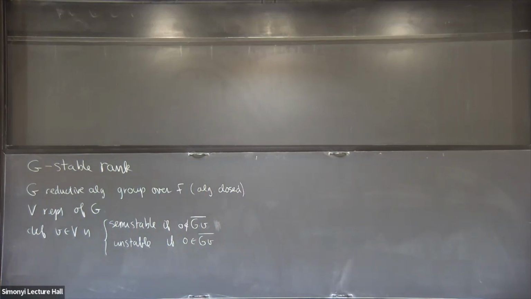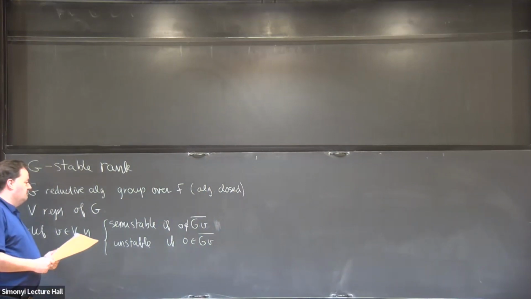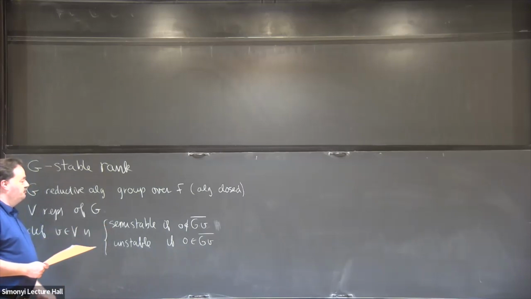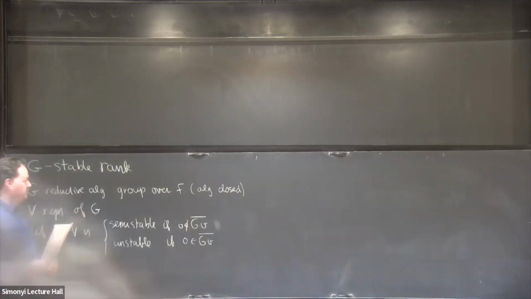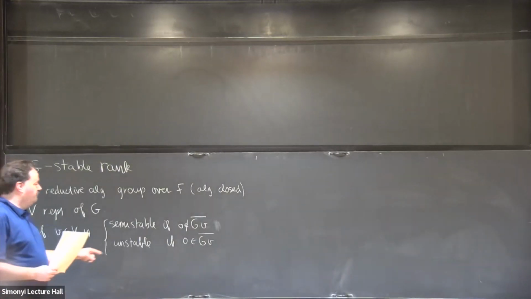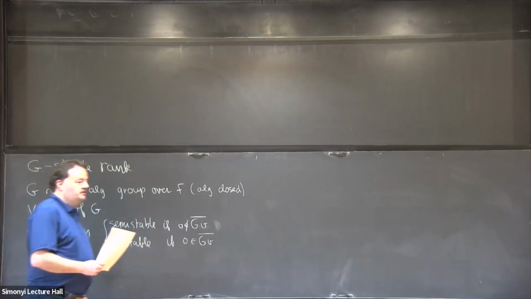So another characterization is that it's semi-stable if there's a non-constant homogeneous invariant polynomial that doesn't vanish on v.